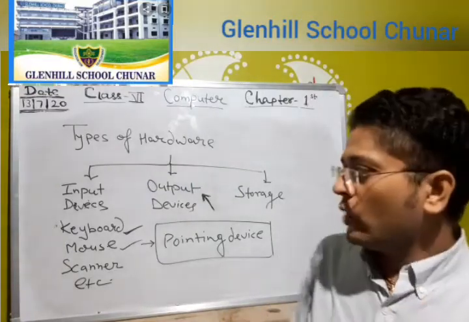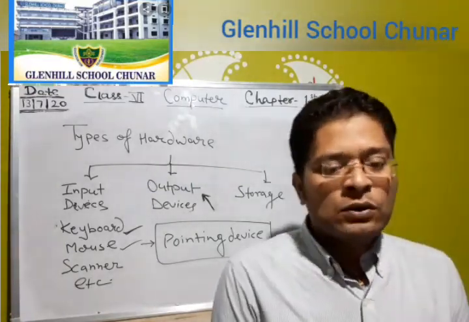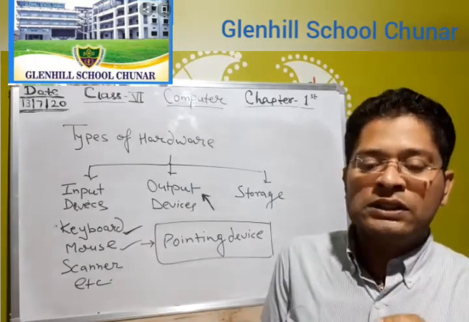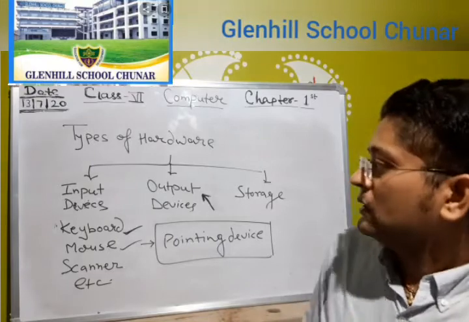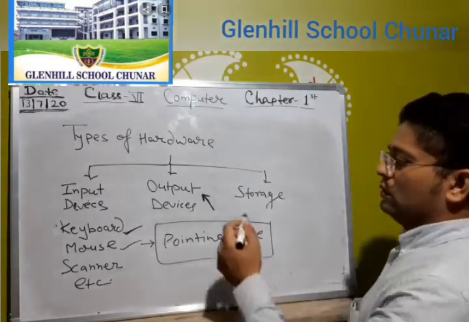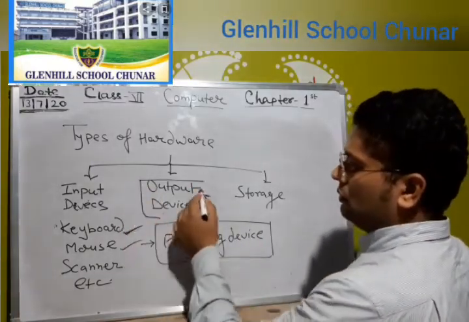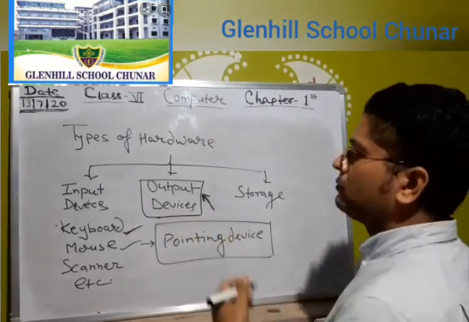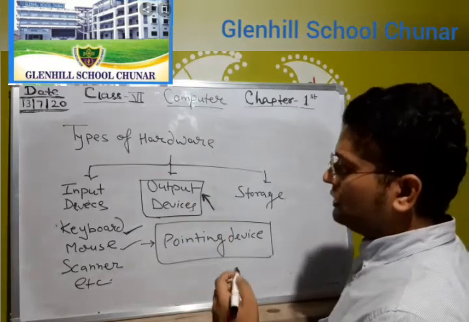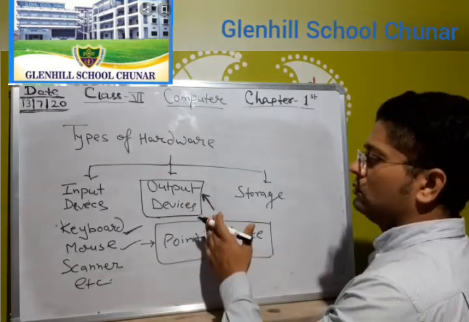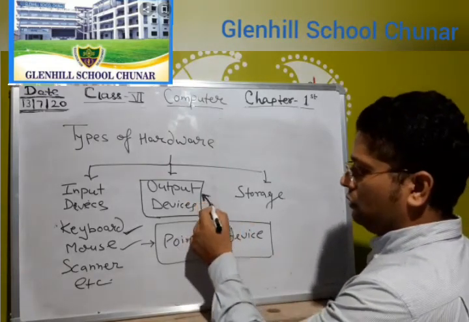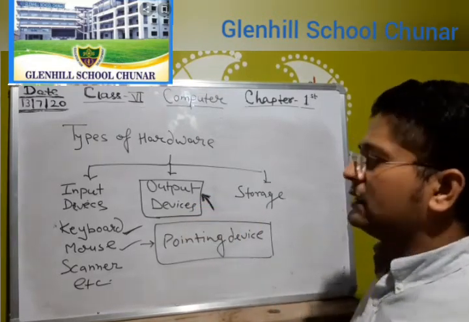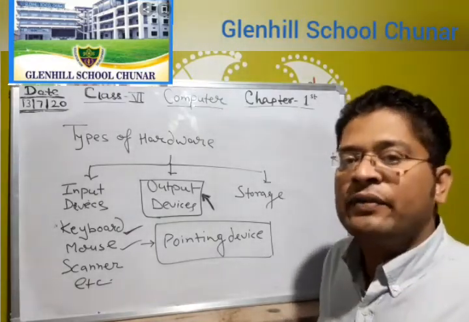First, move: move the mouse until the pointer is positioned on the item of choice. Suppose you want to open this option. Just go with your mouse pointer here and click the left button.